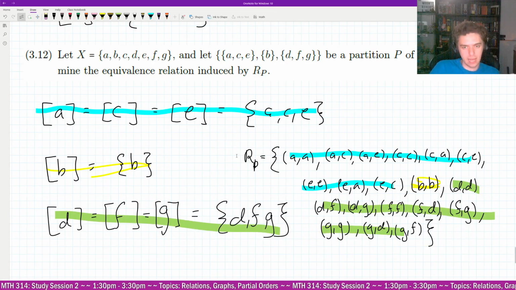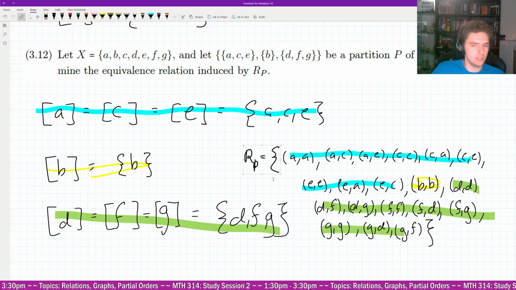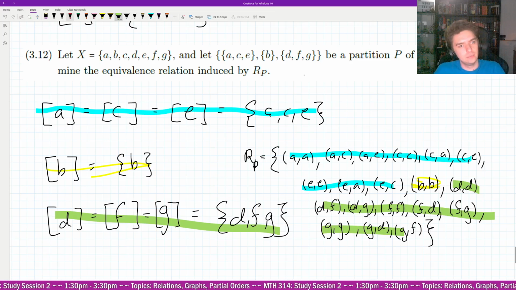And that's the answer. That is the equivalence relation, RP, which makes this partition. So kind of a confusing question because it's kind of hard to think about. But basically what you do is you just make all the pairs you can. The fact that these are in a partition means they're all related to each other. A is related to A, A is related to C, A is related to E, then C is related to C, C is related to A, C is related to E, and so on.